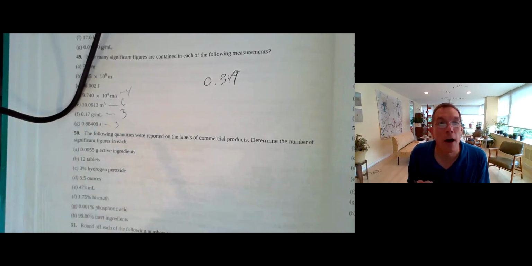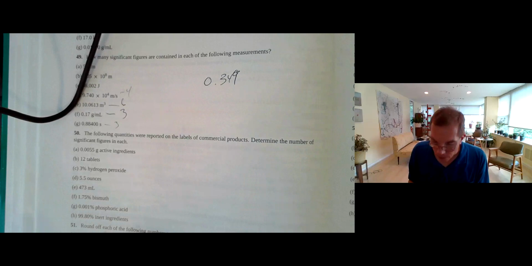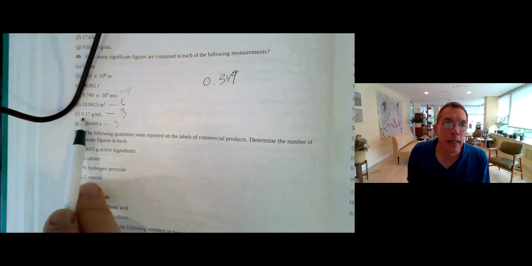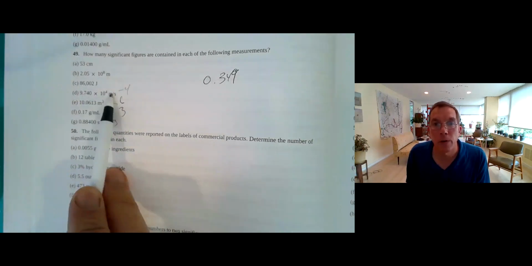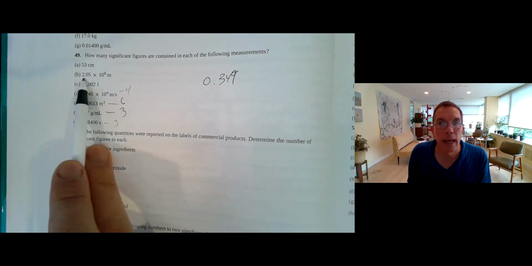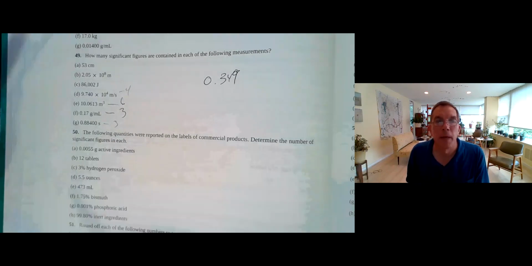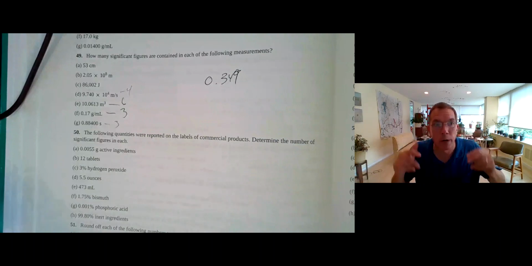Okay. So here, these 2 problems, and the author has deliberately done this so that they're testing all of the different possibilities. So they're testing leading zeros and trailing zeros, and trailing zeros when you have scientific notation, and captive zeros with scientific notation. So again, I'll just appeal to my own experience as a textbook author and having to write problems.